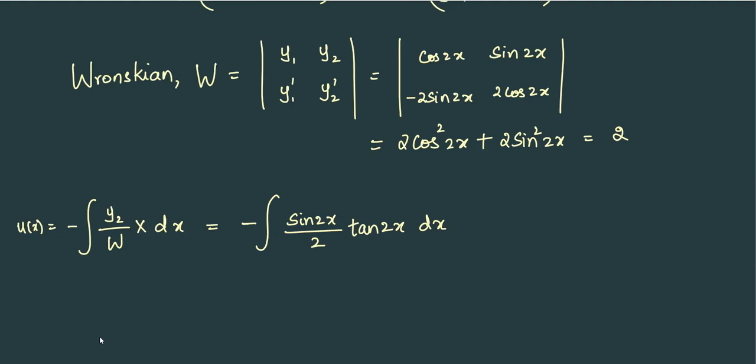Now we need to solve this particular integral. We'll try to simplify this. This is sine upon cos, this is sine square 2x upon cos 2x. Okay, we can do some variations of this. This is just a trick of solving the integral.